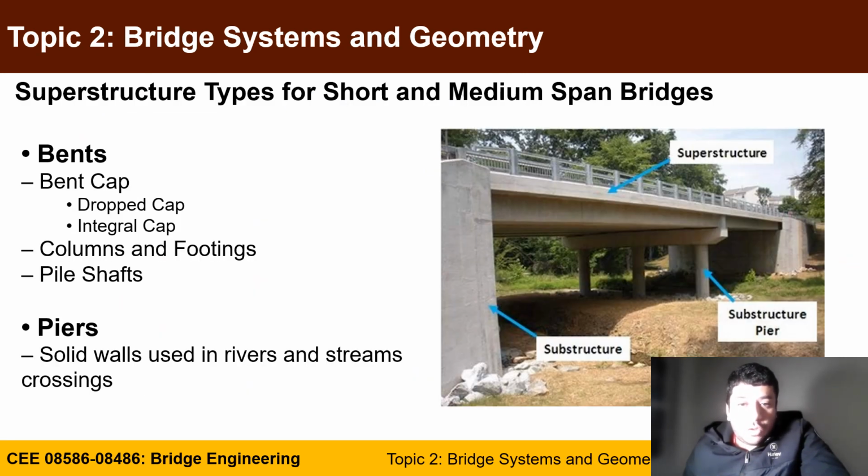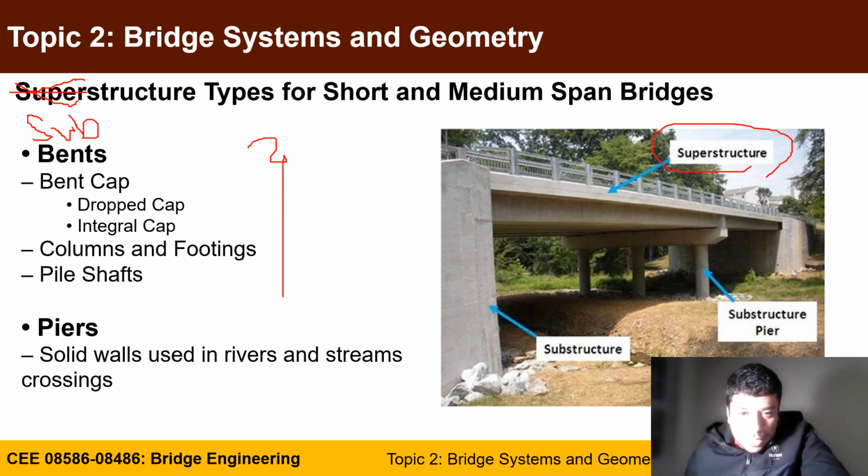Superstructure type for short and mid-span, and this is a terminology, just a reminder, because you always have superstructure, substructure, abutment. In this slide, there is a mistake. You have to remove the superstructure and use sub, because we are actually talking about substructures. Here we will focus on bents and piers. So the bents, as we discussed, have footing embedded in the soil or earth.